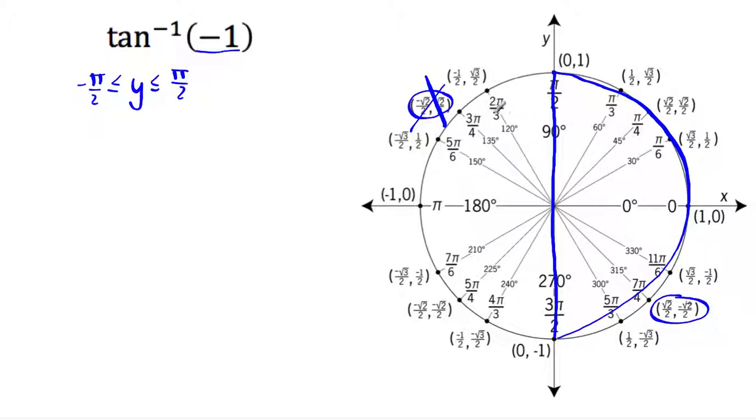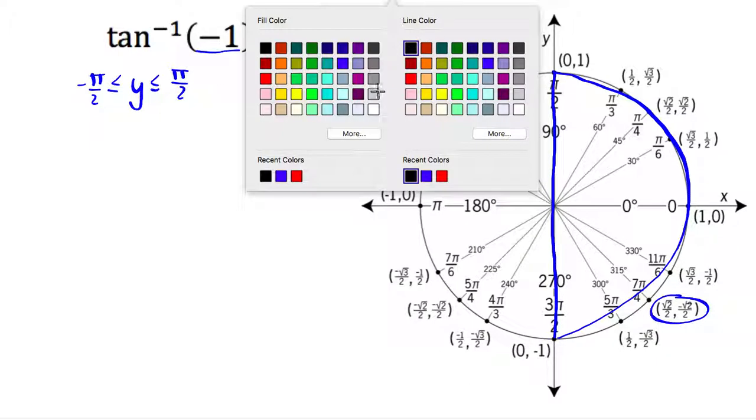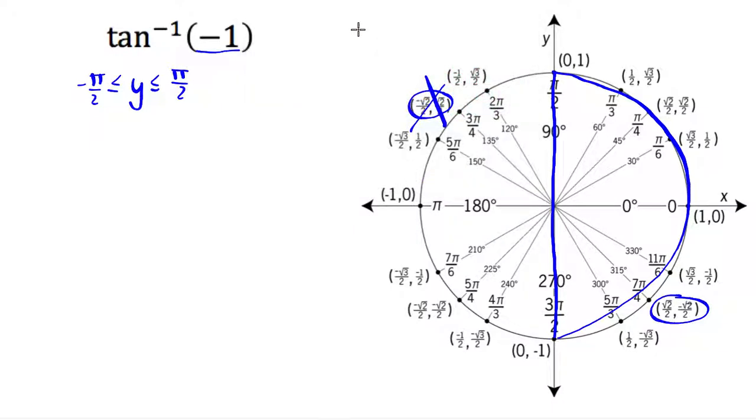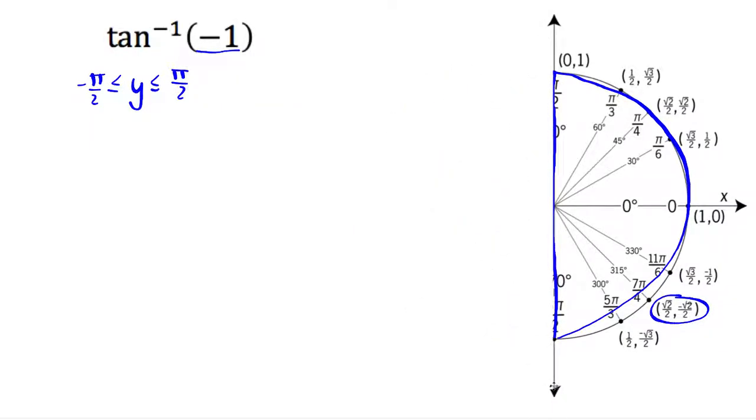This area over here, not labeled in blue, doesn't exist, so just imagine it's all blank. How do we get to this angle, 7 pi over 4, if we start over here? We have to move in the negative direction. And this is -pi over 4. So the answer is -pi over 4.